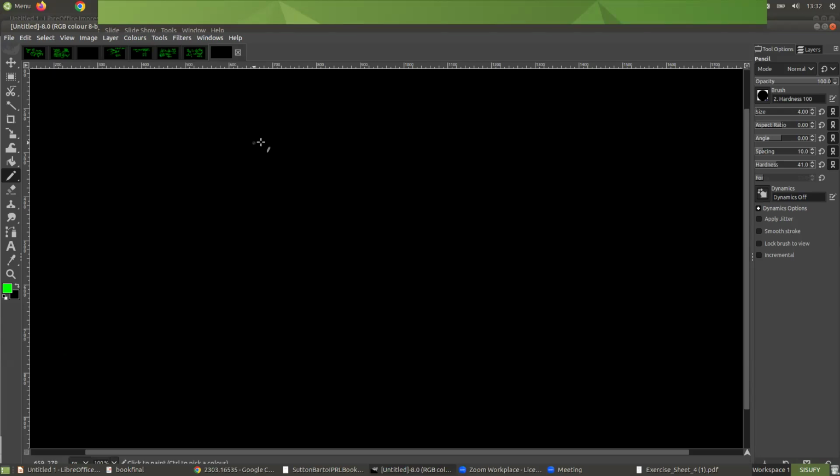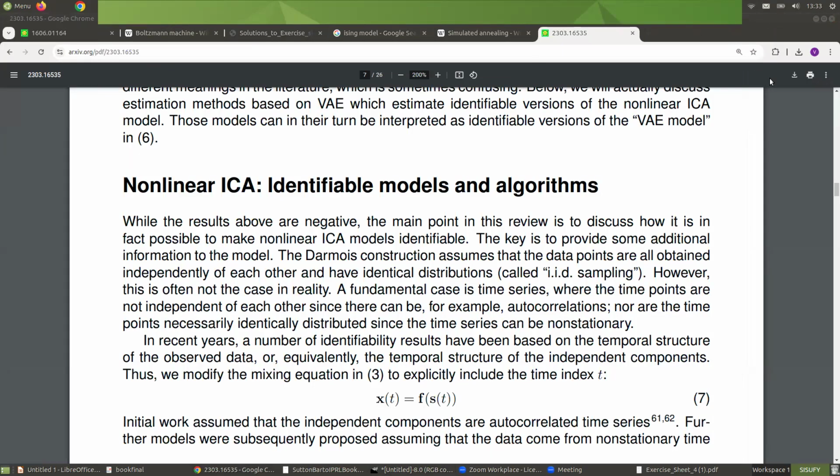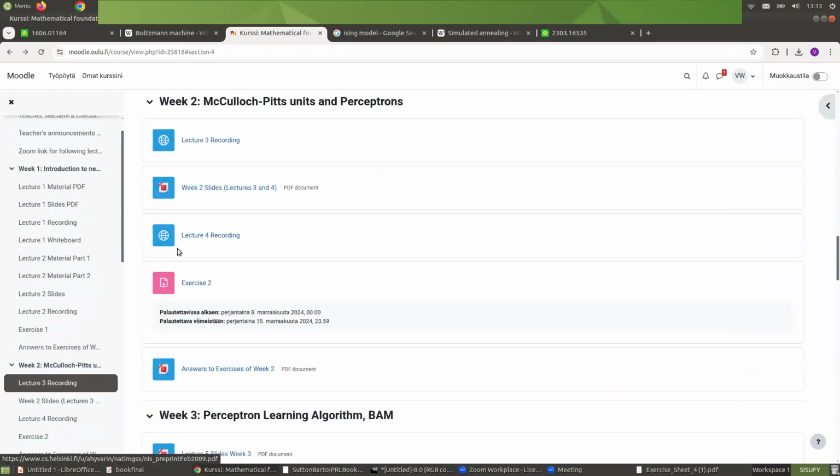So we have a world with three states, and transitioning from this state out of that state has value 4, and every other transition has value -1. I don't remember exactly all the details. We can check it up, but it doesn't really matter. The point is that it is symmetric. We can check what the actual exercise was.